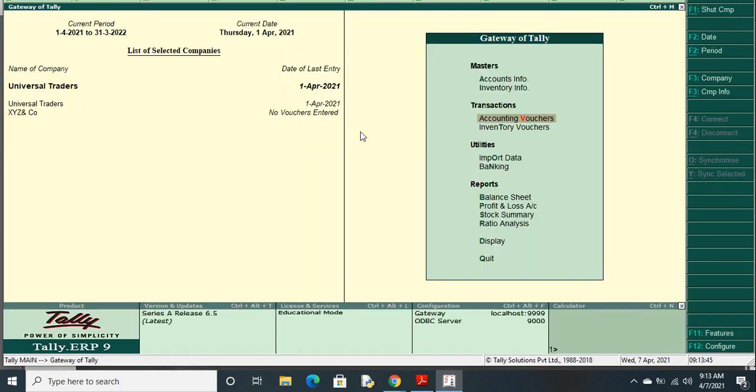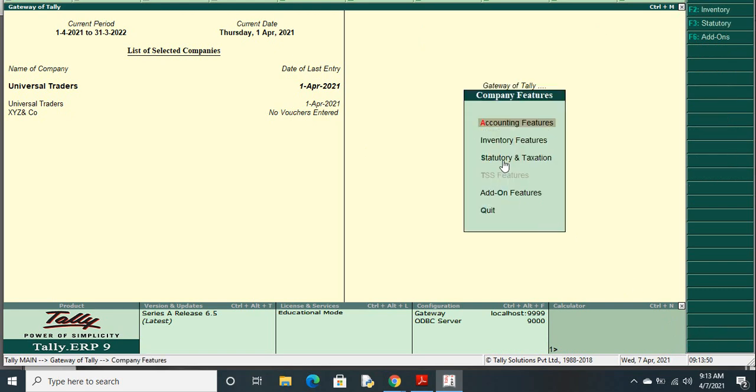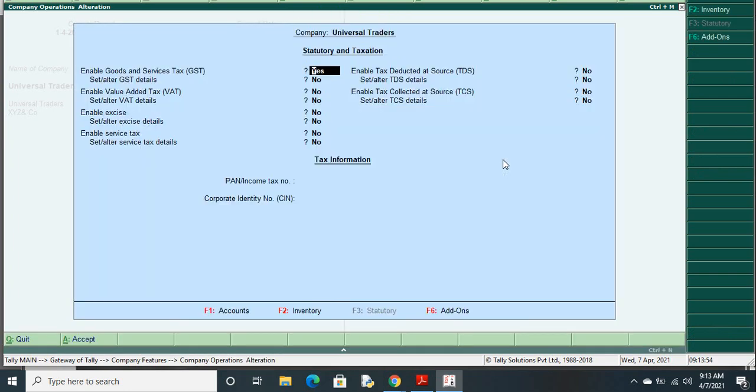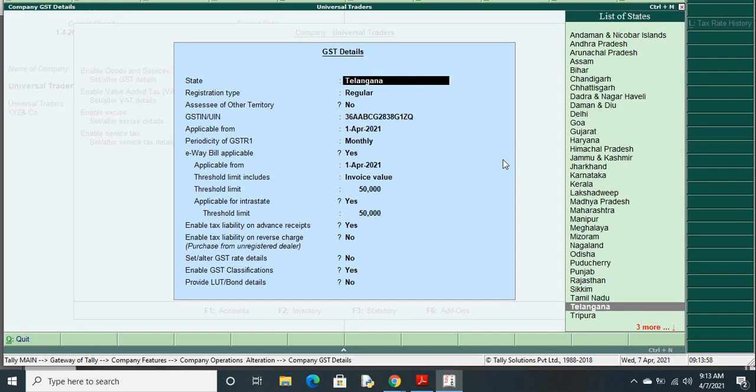For that, go to F11, under statutory, company, GST. Here you have to enable the option tax liability on advance receipt as yes.